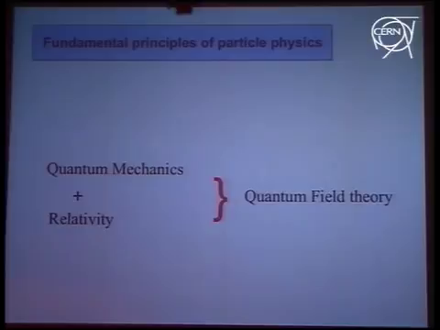But quantum mechanics is incomplete because it doesn't include relativistic invariance. And when you put these two together, you get something called quantum field theory.